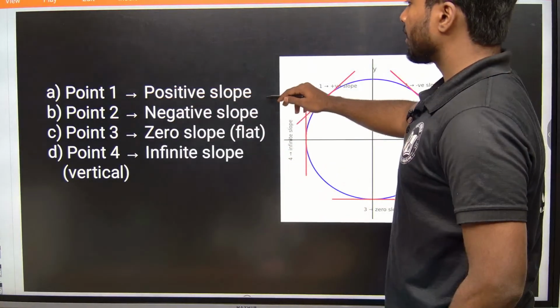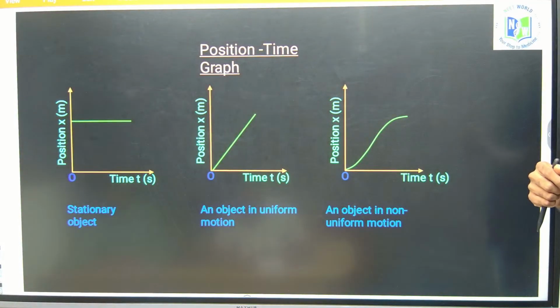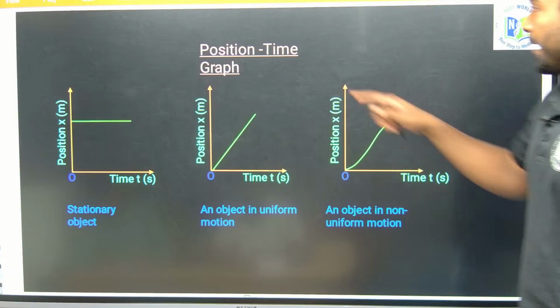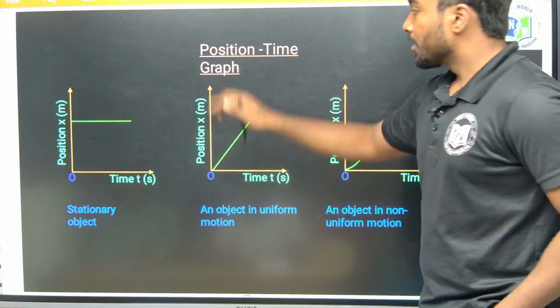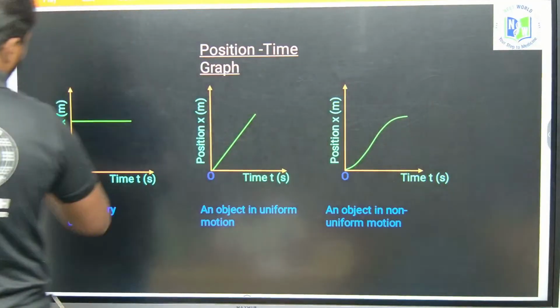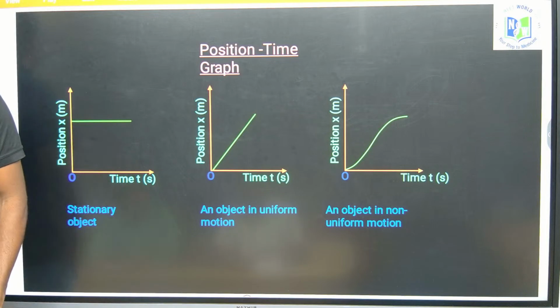So the next thing is the position and time graph. Time should be on the x axis, position on the y axis. In this diagram, the line is parallel to the x axis, that is time, so it's a stationary object at rest; the angle is 0, slope is 0.